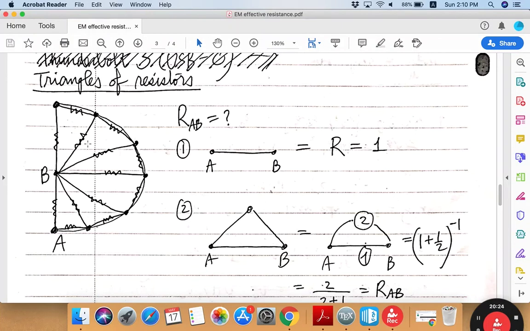Okay, so I hope you get the idea of the setup of the problem. And then the fun question follows. What is the resistance between the 2 points A here and B here? Well, how would you solve that?